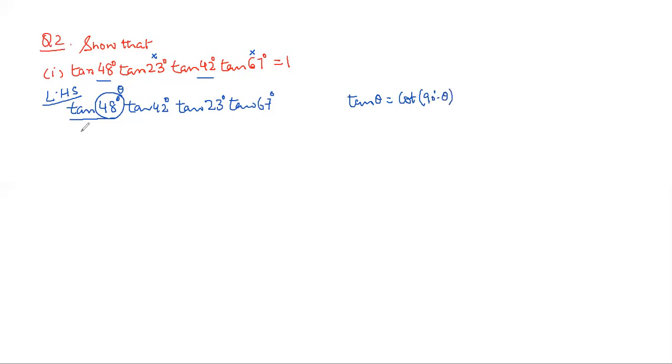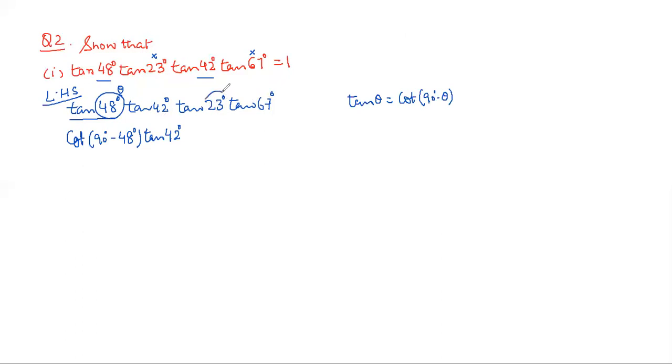So children, tan theta can be replaced by cot 90 minus theta, and in place of this theta I will write its value, that is 48 degrees. This I will copy as it is because I have to change one out of the two complementary angles.